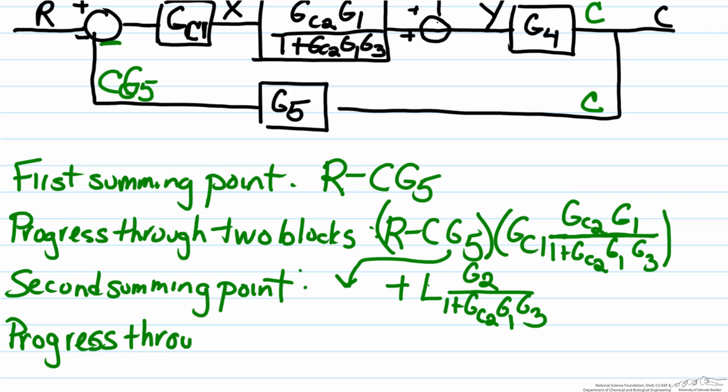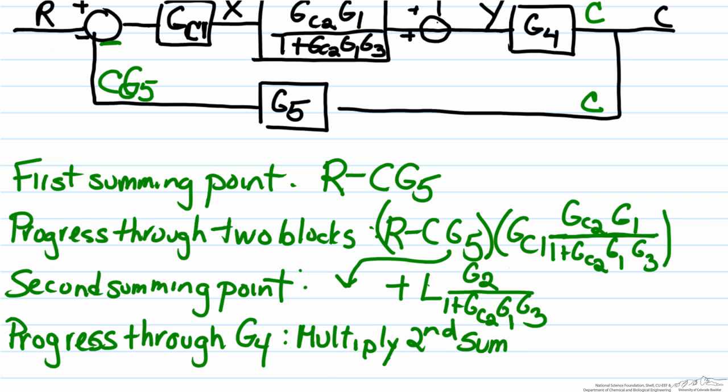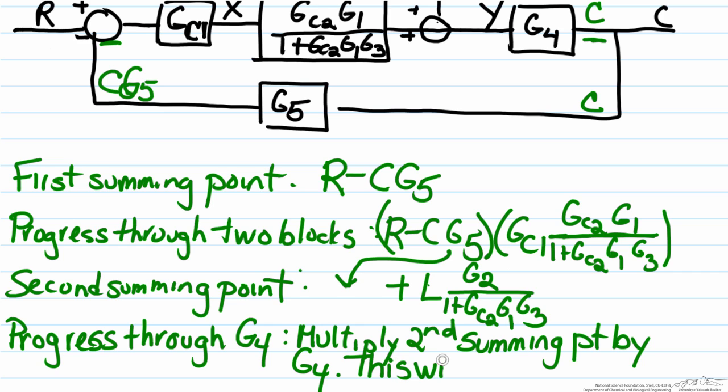And really all we're going to do here is multiply all of our terms that we've developed at the second summing point by G4. And the important point here is the fact that this, if we look up at our diagram here coming out of the G4, will equal C. So what we'll now do is write all of these terms out and develop our transfer functions that relate both R and L to our output variable C.